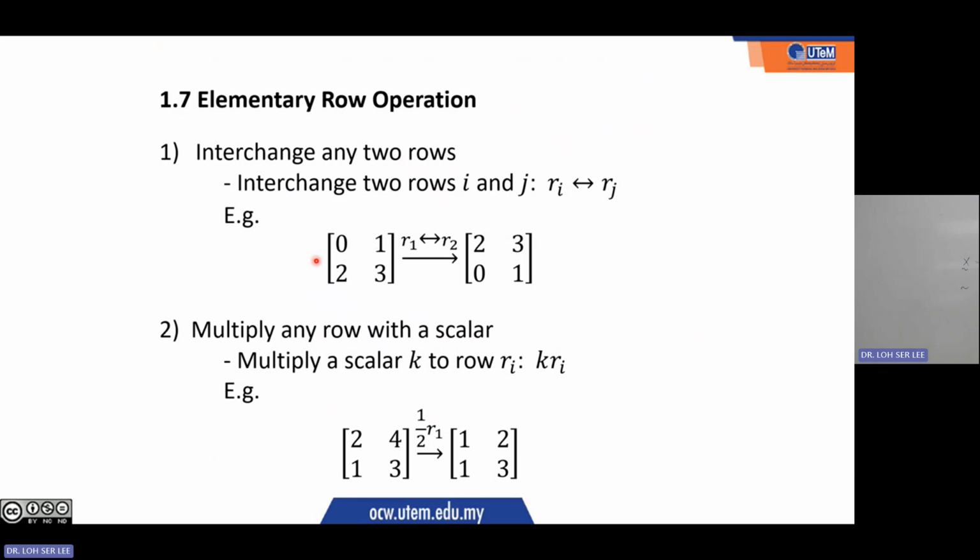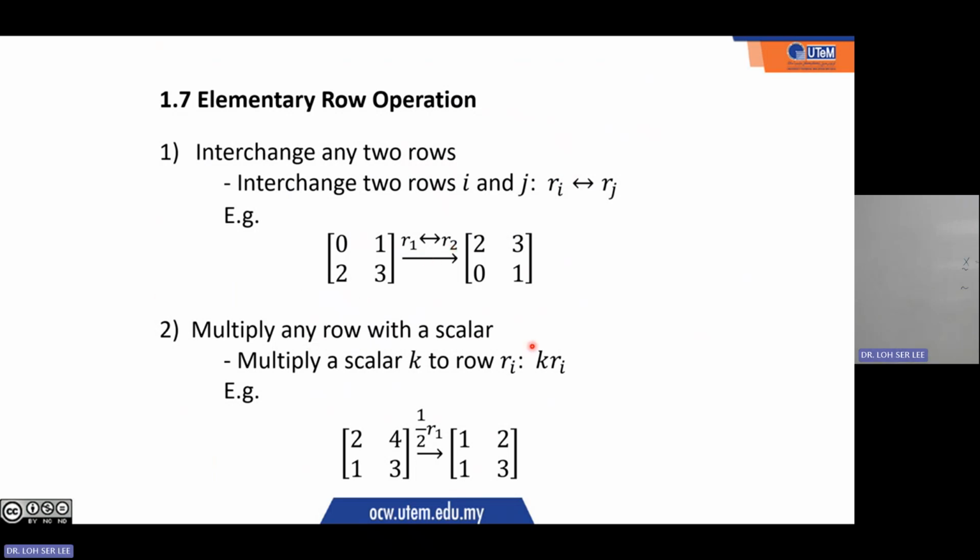For example, the top left entry should be non-zero, since the pivot should be a non-zero value. If this is 0, we need to swap the rows. So we swap row 1 with row 2: row 1 becomes row 2, and row 2 becomes row 1.